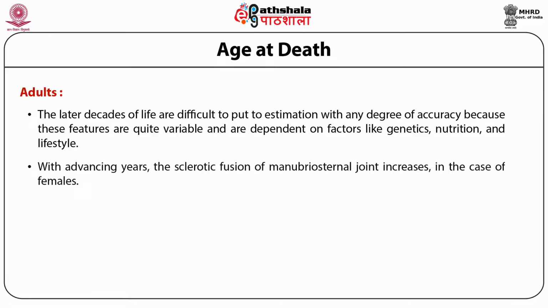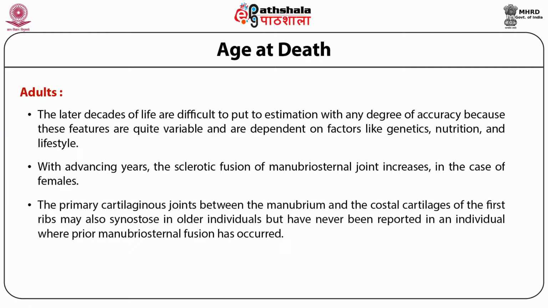With advancing years, the sclerotic fusion of the manubriosternal joint increases in the case of females. The primary cartilaginous joints between the manubrium and the costal cartilages of the first ribs may also synostose in older individuals but have never been reported in an individual where prior manubriosternal fusion has occurred.